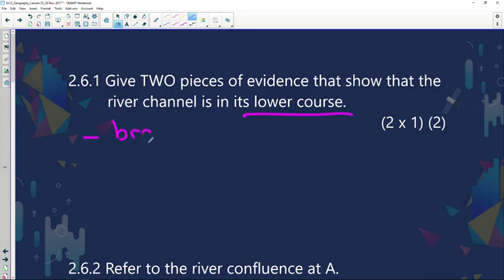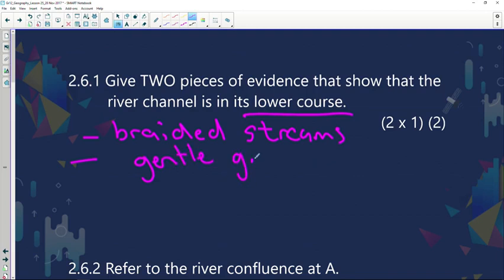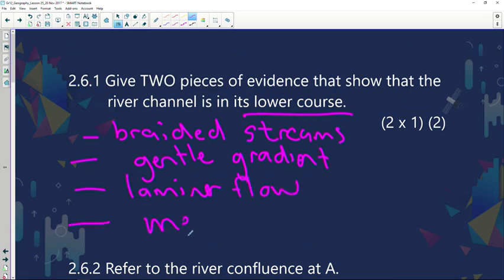Because this braided stream, it's a gentle gradient. We can say there's no turbulent flow, it's only laminar flow. And we also mentioned that the river is meandering. And we can see the floodplain.